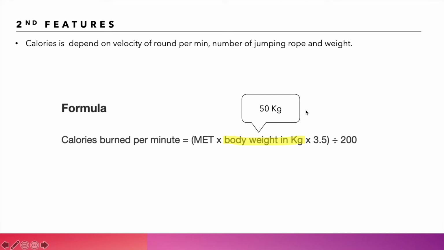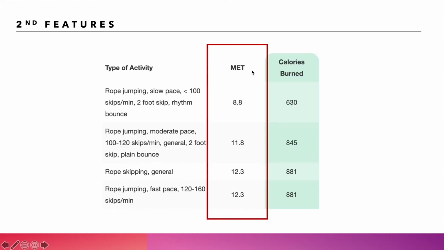Let's set the initial parameter for body weight in kilograms. I set it to 50 kilograms. The MET variable depends on how fast or slow you do the jumping rope.